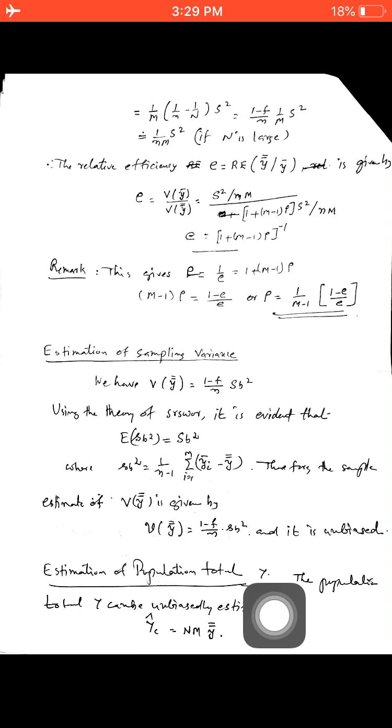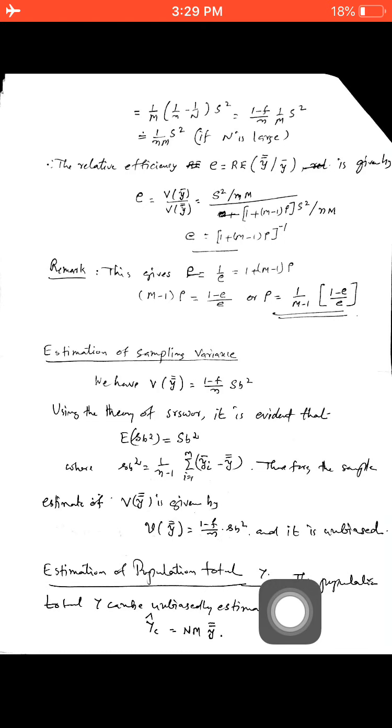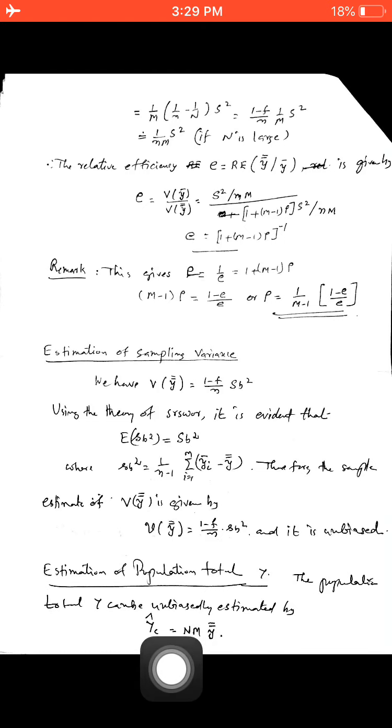And once the population mean is estimated, what do you have to do? You have to multiply that estimator with the total number of units in the population. And here in cluster sampling, you know the total number of units in the population. So in cluster sampling, you have capital N into capital M units in the population.